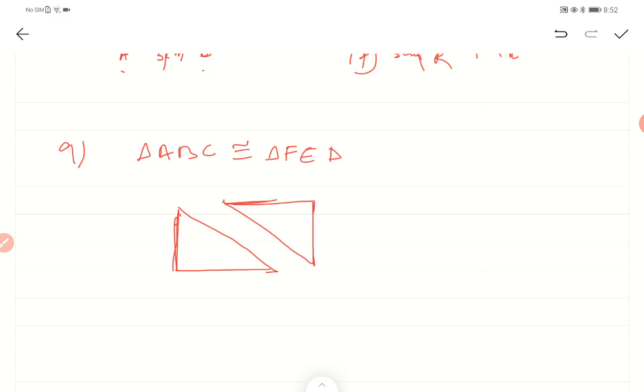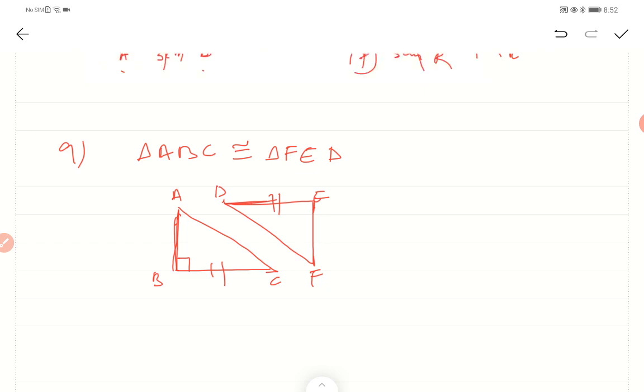All right, so my triangle is ABC, this one, and this is a right angle triangle. Even this is a right angle triangle. So this is DEF. Okay, and this side is equal to this side. All right. Now explain to me, why are these triangles congruent?